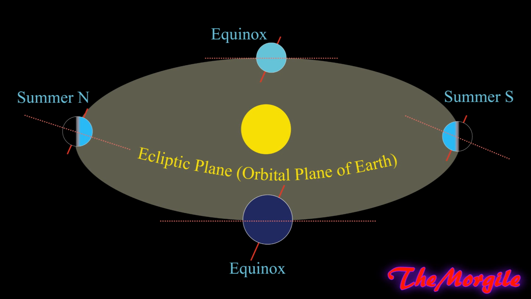So with that being said, we can pretty much summarize that by saying that the equatorial plane is constantly, slowly phasing from an alignment with the ecliptic plane during the equinoxes to a maximum misalignment to the ecliptic plane during the solstices, right? And again, that's what gives us our seasons.